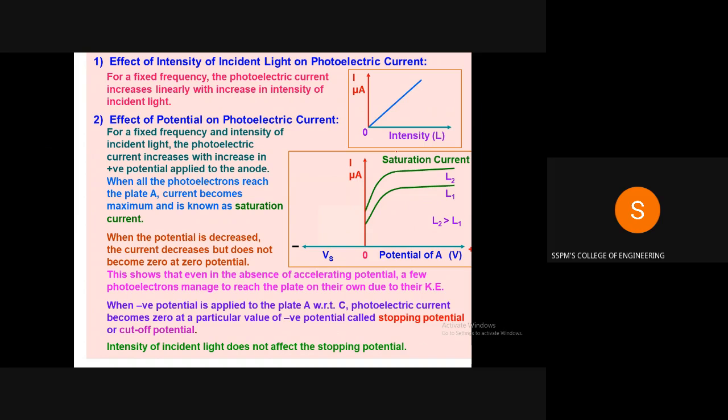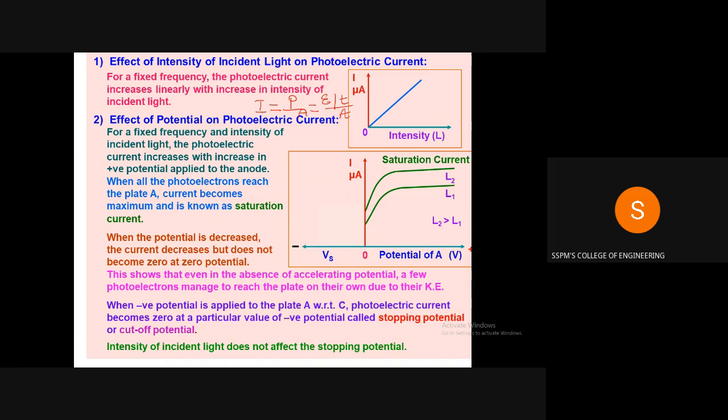What is intensity of incident light? Here, intensity is to be defined as I equals P upon A. But what is P? P is power, power of incident light, and it is defined as rate of change of energy, E upon T, per unit area of cross section.